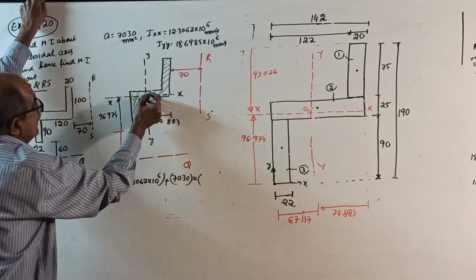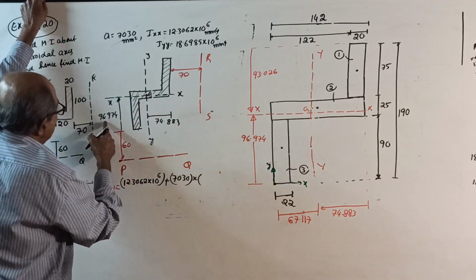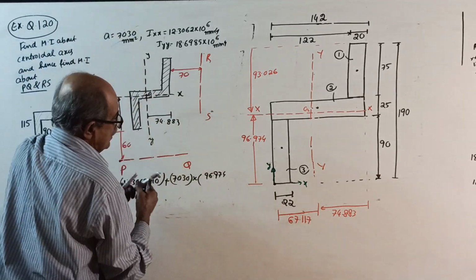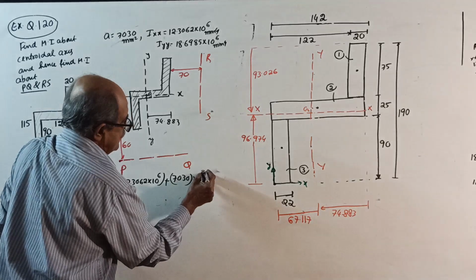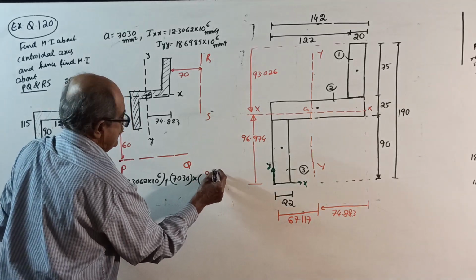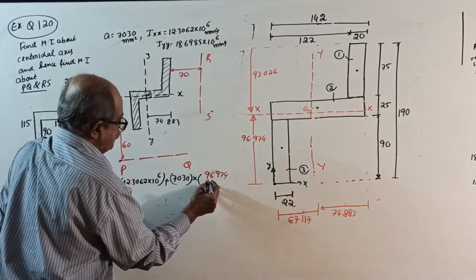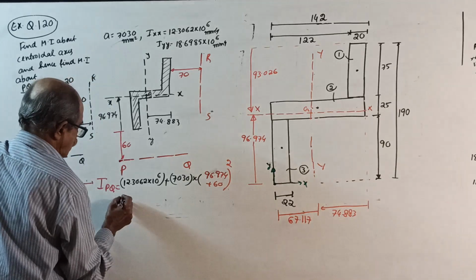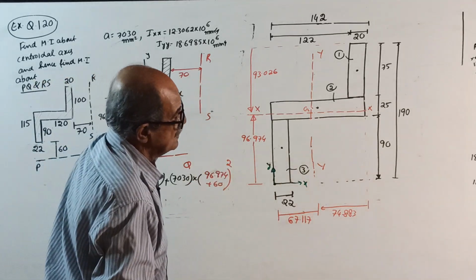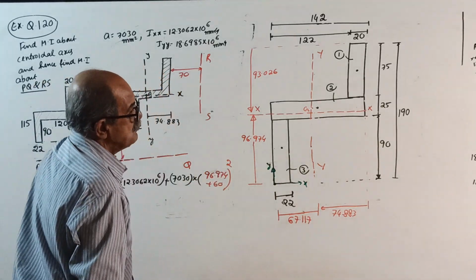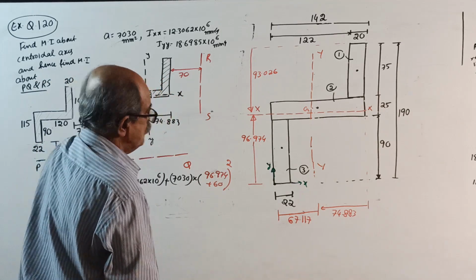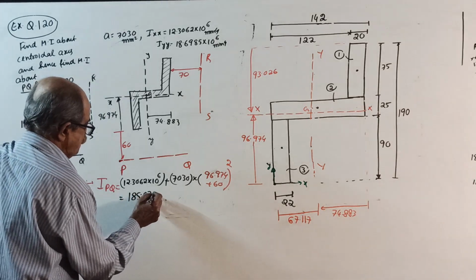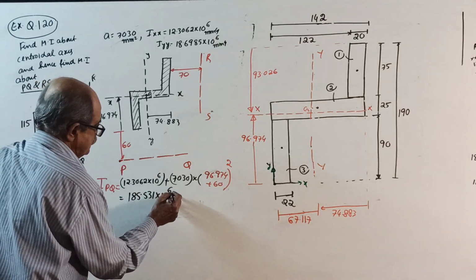So area into this distance square is 96.974, red color, H square. 96.974 plus 60, that whole square, will give I about PQ. I got the answer: 185.531 into 10 to the power 6 millimeter power 4.